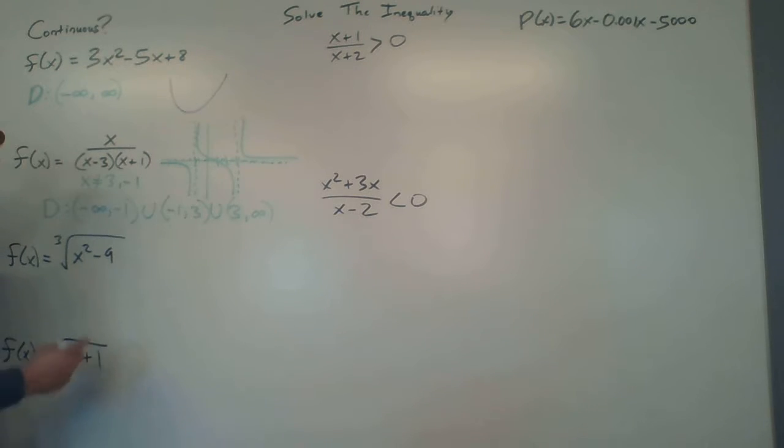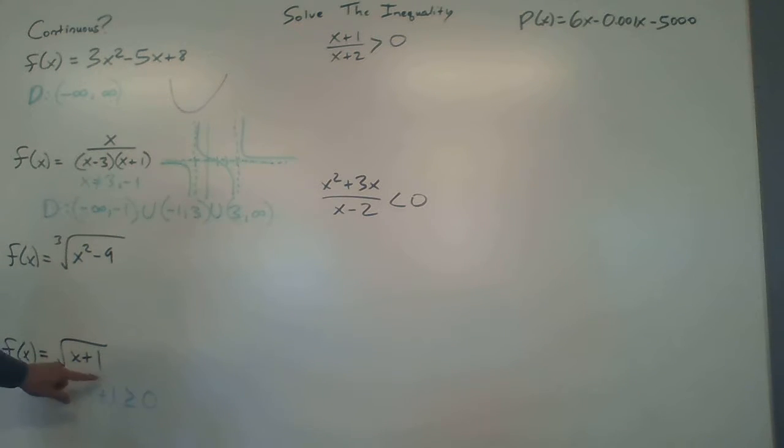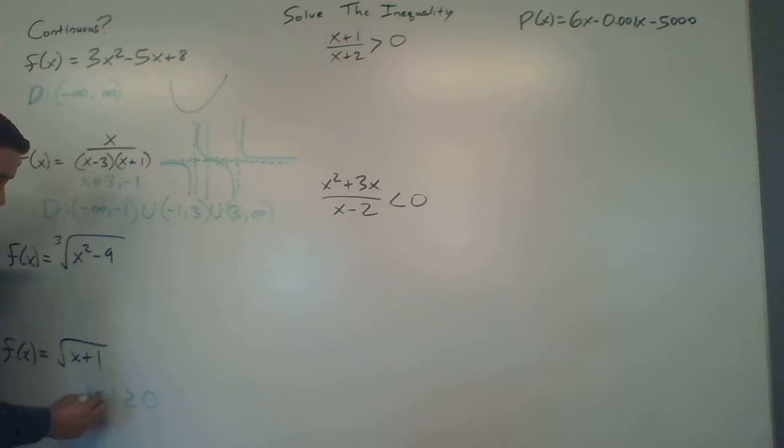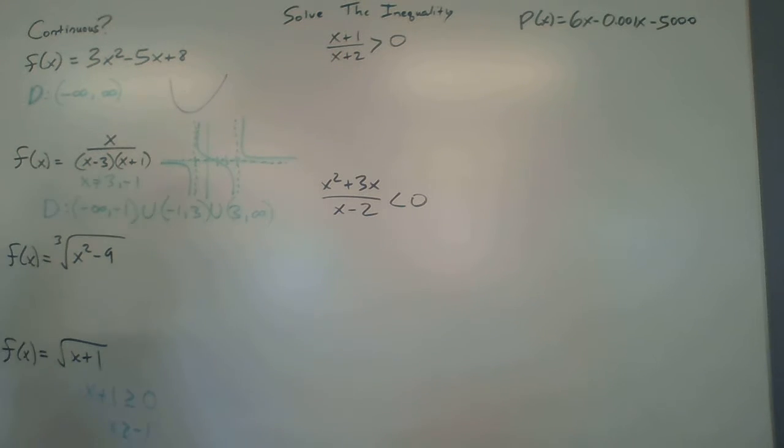So the way you start off for domain questions on square roots is that you should write what's inside the square root, and you should know that inside the square root has to be greater than or equal to 0, because we cannot take the square root of a negative number. And basically the domain will just be the solution to this inequality. So I solve it because I know the inside has to be greater than or equal to 0, so I'm going to subtract 1, and basically that's my domain.